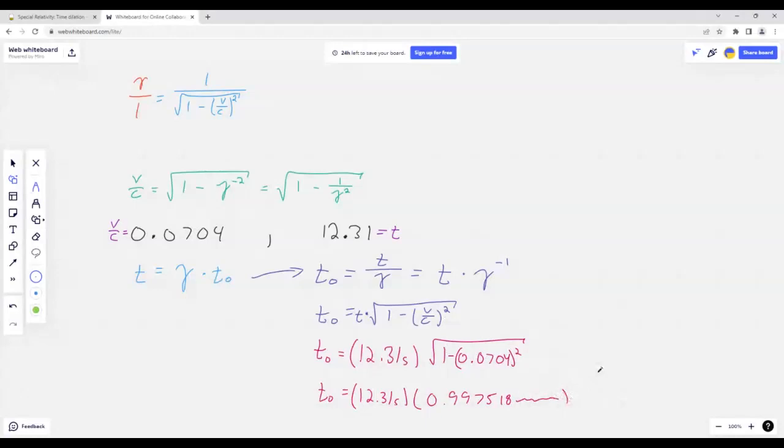It's going to fill up your calculator screen. But as long as you're careful in how you use your calculator, you shouldn't need to be typing that number in again. You just leave it on the calculator screen and then multiply by 12.31. And if we do that, we get something around 12.28.